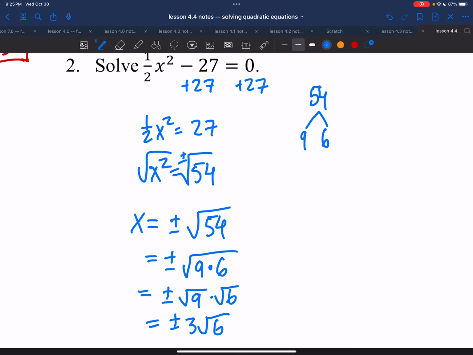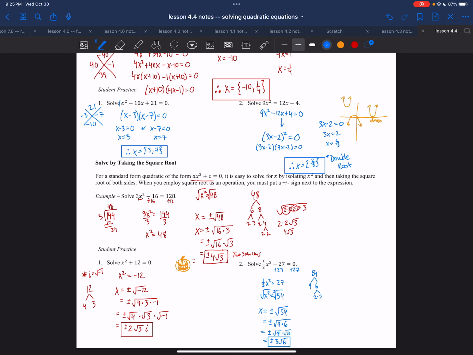That's 3. And 6, well, 6 is 2 times 3, right? And so I don't really bother breaking that down further because there are no perfect squares in there. There are no more pairs of factors to take the square root of. And so I'm done. Plus or minus 3 root 6. Ta-da! Okay. So that is that method.